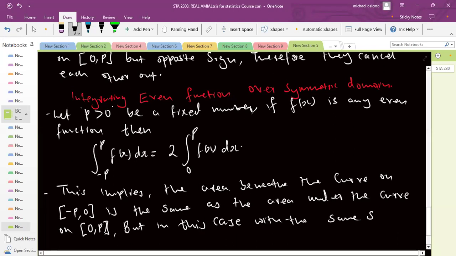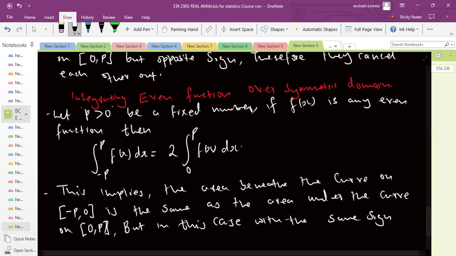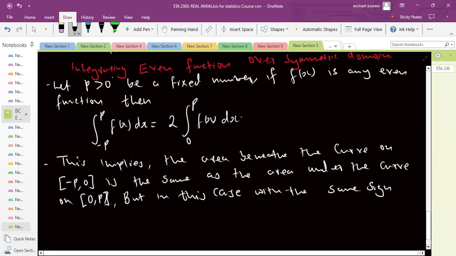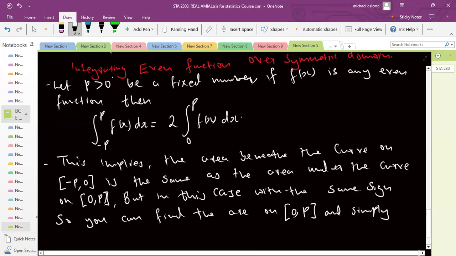So you can find the area on 0 to p and simply multiply by 2. That is, you double the area.